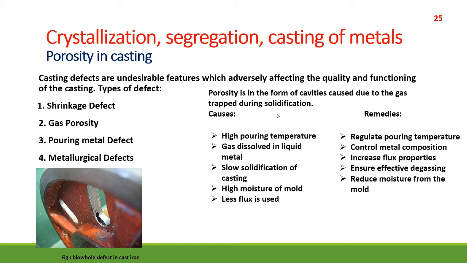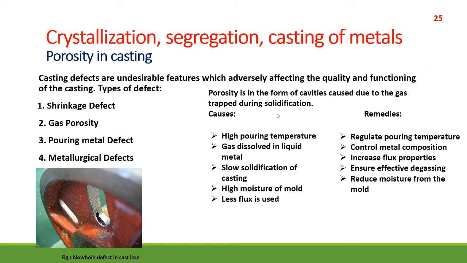So when you pour the metal into the mold and the liquid metal doesn't fill all the corners or all the portions of the mold, you will end up having pouring metal defects. I will show you in the next slide how these different kinds of defects look.